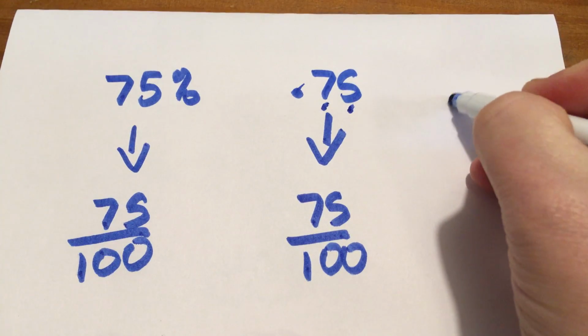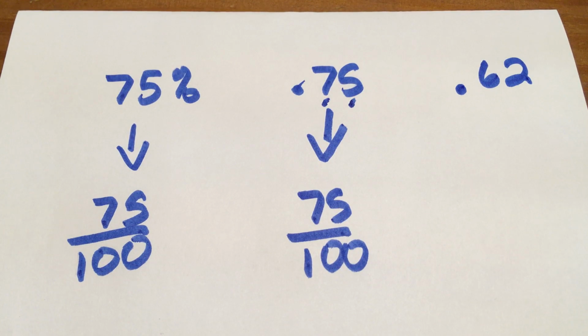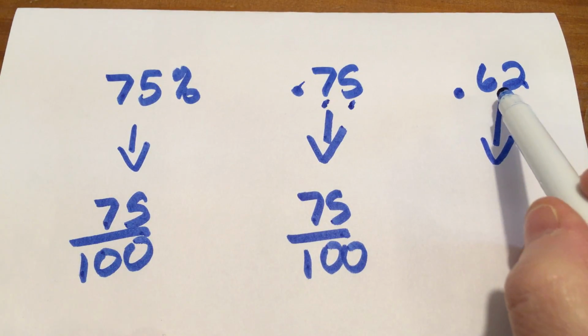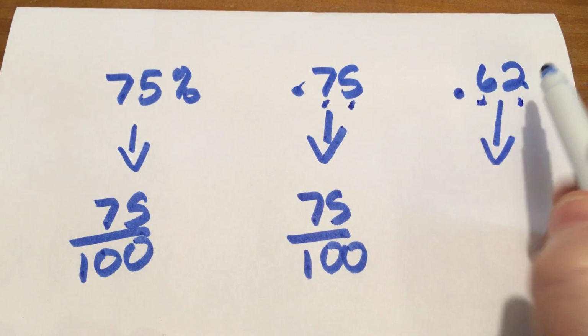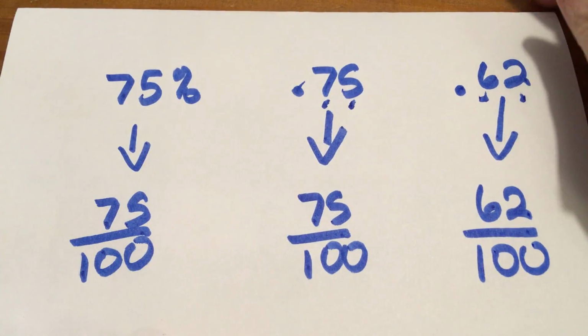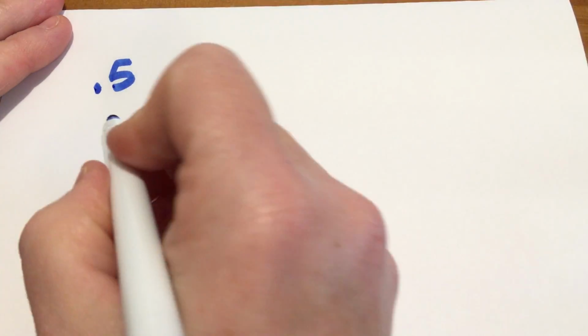Let's say we have 0.62. Again, we want to change it into a fraction. We count the places, tenths, hundredths. So it's going to be 62 over 100. Seems easy enough. Now let's throw in a curveball. Let's do 0.5 as a decimal.